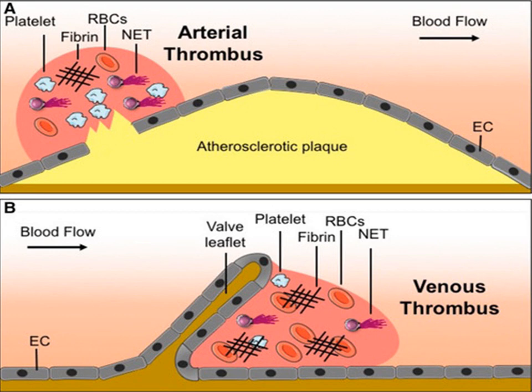Third, if you look at the arterial thrombus, there is an endothelial injury, while in the venous thrombus there is no associated endothelial injury. So venous thrombi are almost exclusively due to stasis of the blood flow.